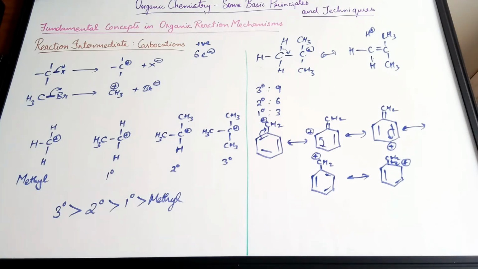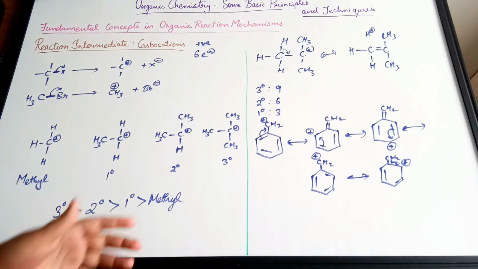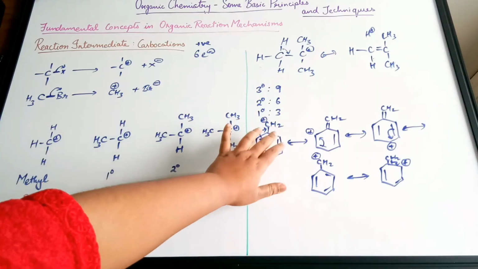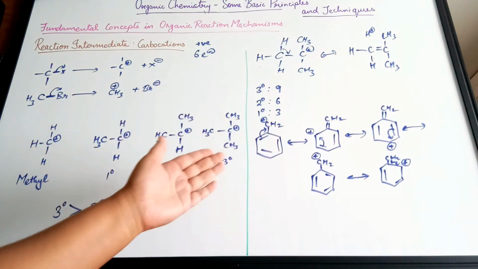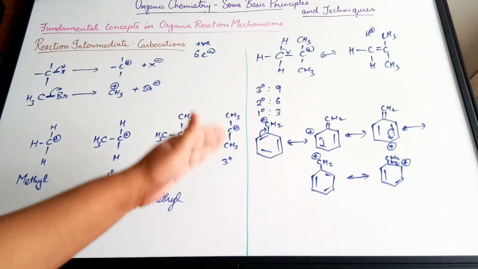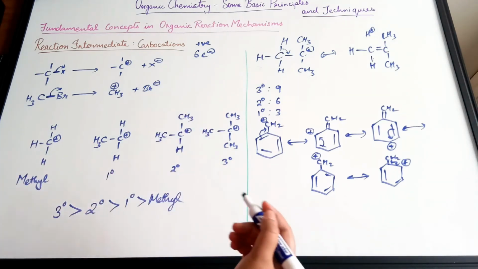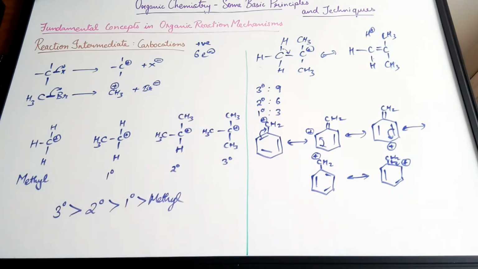So we've learned about hyperconjugation, the inductive effect, as well as the resonance effect. Now, if instead of CH2 there was another benzyl group attached to it, that would have been more stable, because the number of resonance structures would be more.